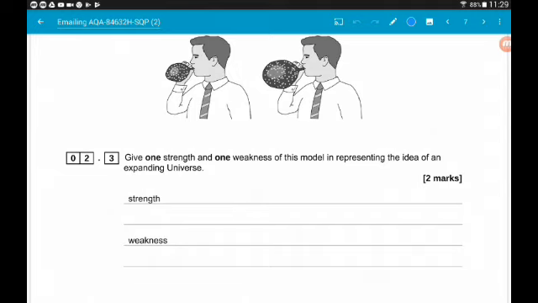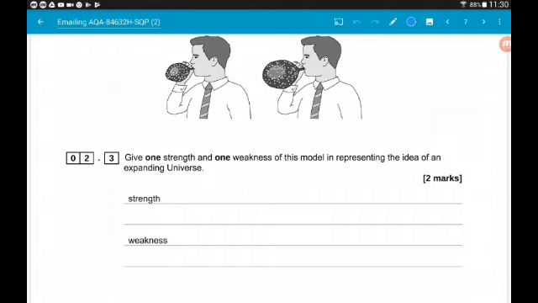On the flip side though, there are two things I can think of with the balloon. First of all, you can't keep on inflating a balloon. It will pop. The universe supposedly can continually expand without ever popping or imploding. So that would be one weakness. We cannot keep blowing up the balloon forever, and also the dots are only drawn on the surface of the balloon.